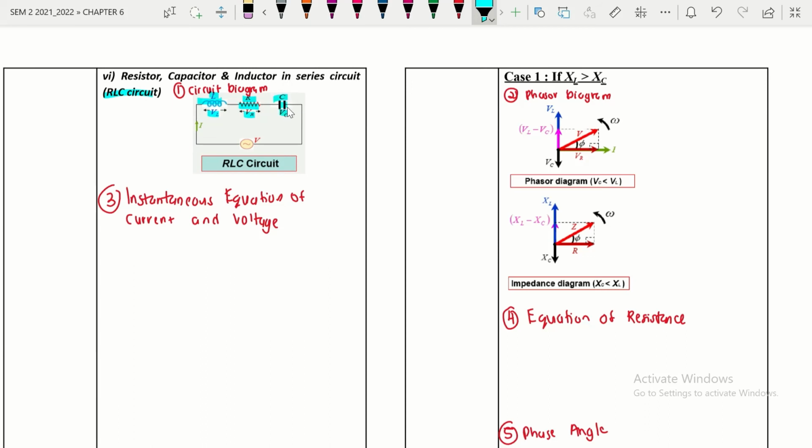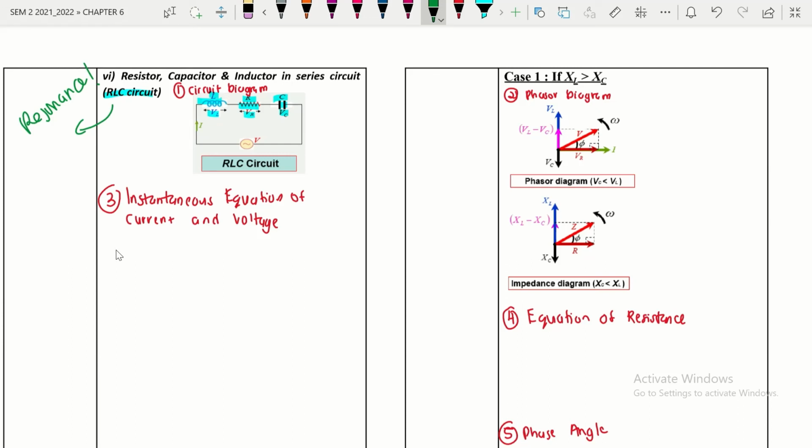juga ada capacitor. So bila dia ada RLC circuit, maksudnya gabungan ketiga-tiga ini, you dah kena tahu dia akan ada resonance. Okay, dia akan ada resonance. So let's write for the instantaneous equation of current and voltage.